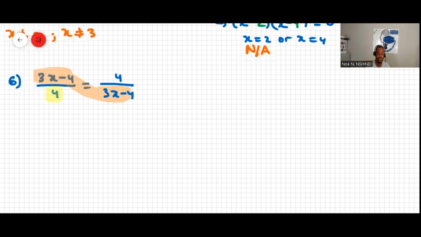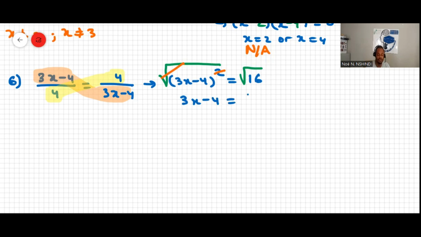This will be 3x minus 4 times 3x minus 4, so 3x minus 4 squared equal to 4 times 4, which is 16. Then we can square root both sides, the square root cancels the power of 2, and we have 3x minus 4 equal to plus or minus 4. Always put that.